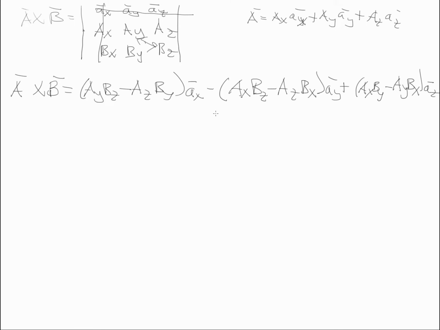And you may see that other people write this middle component as plus AZ BX minus AX BZ times AY. It's the same thing, we just move the minus sign out. And so you just keep how you do it consistent. And it's up to you however you want to do it.